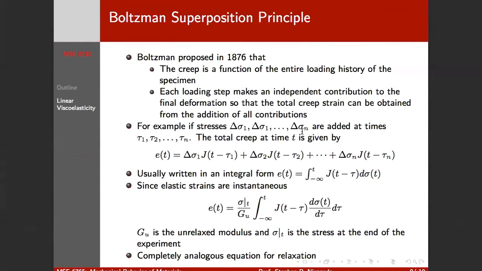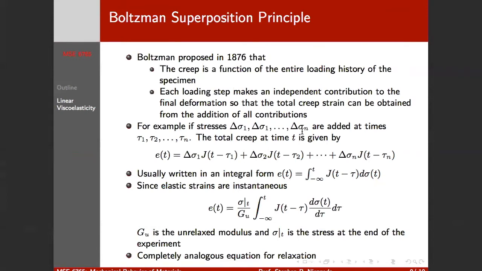Basically what he's saying is that strain or stress is not a thermodynamic state theory. Creep is not a path-independent process. We talked about this with plasticity, that the final strain is not enough to determine the energy dissipated. You need to know what the path was.